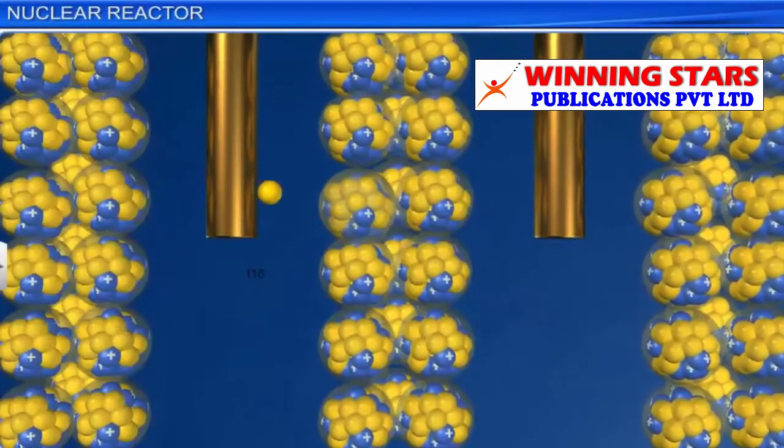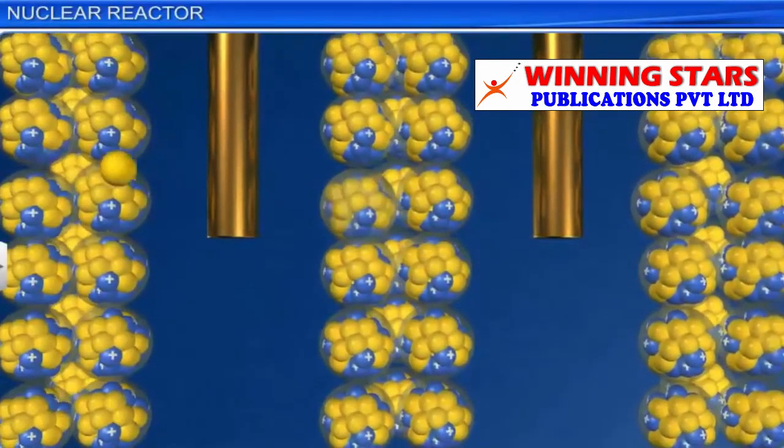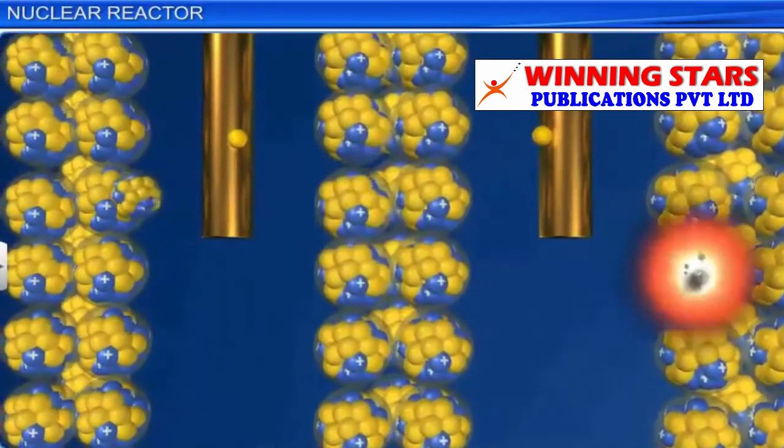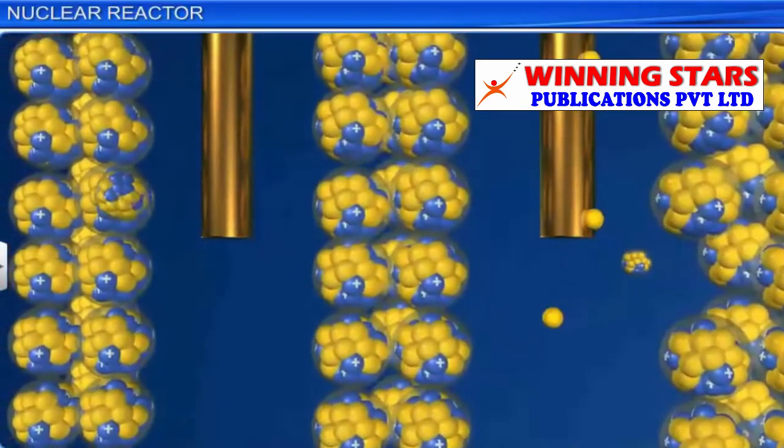It is observed that the probability of uranium-235 undergoing fission is high when it absorbs neutrons with energies of approximately 0.04 electron volt that are typically called the slow neutrons.